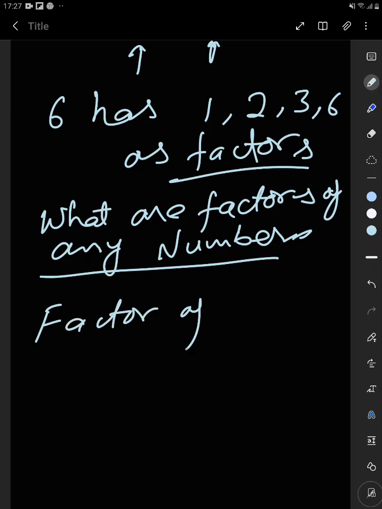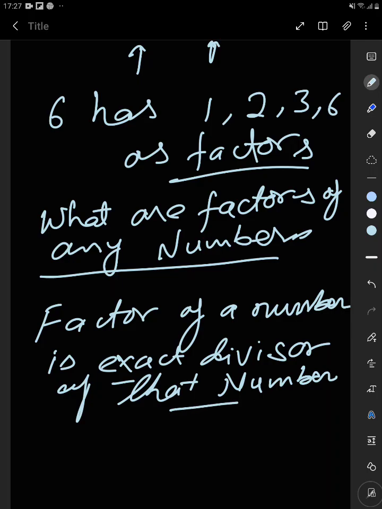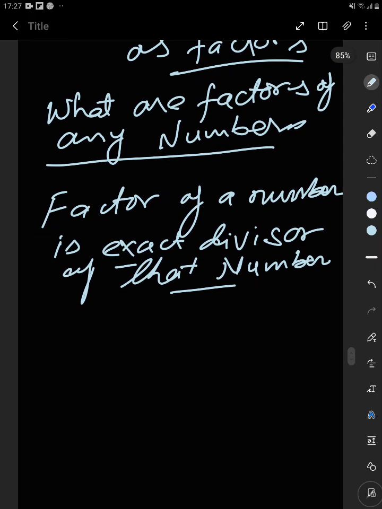What is the meaning of exact divisor? We'll explain here. Exact divisor means that if you divide a number, then no remainder is coming. So that will be the exact divisor.